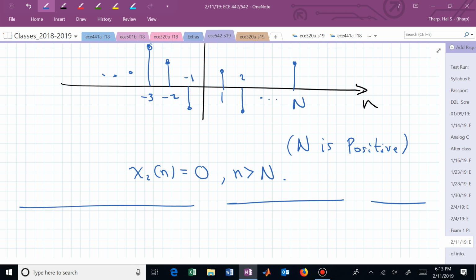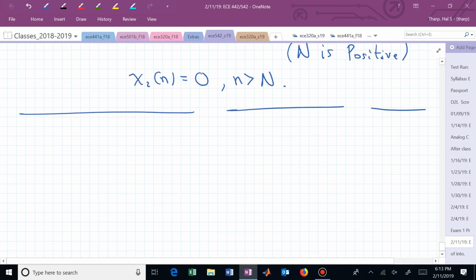What if we don't have a tail? What if our sequence is finite in duration? Then what happens? Well, let's talk about it. What's the region of convergence look like there? All of these general patterns had tails in the sequence x of n.